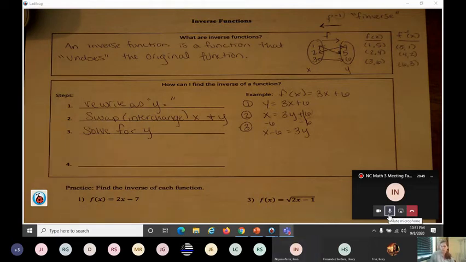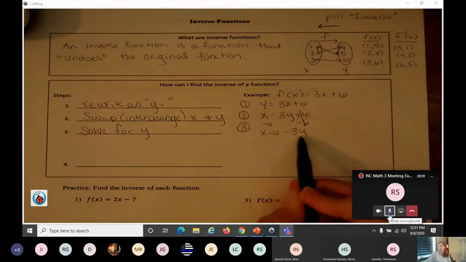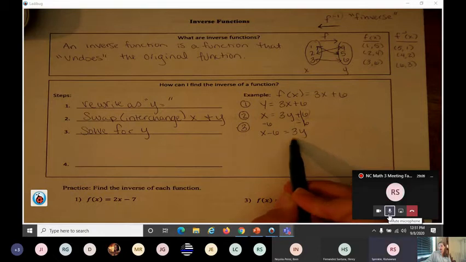Rashani, are you here? Yes. Thank you. So I have this 3 with the y right now. What operation is going on between 3 and y? Is this being added, multiplied, divided, subtracted?